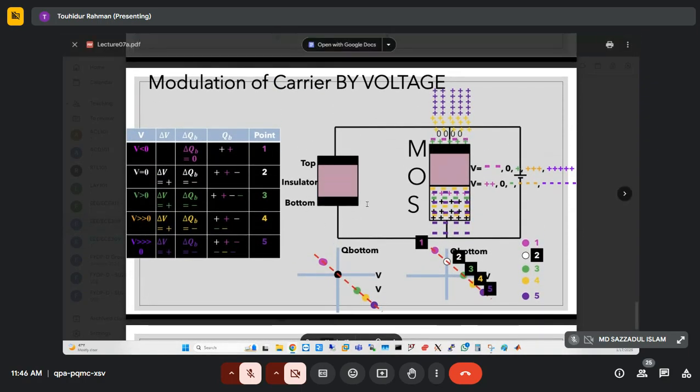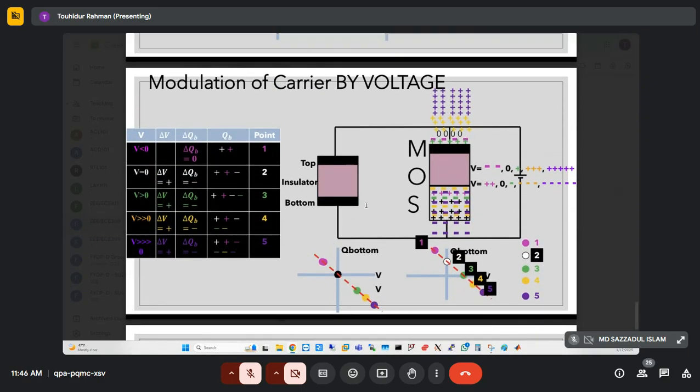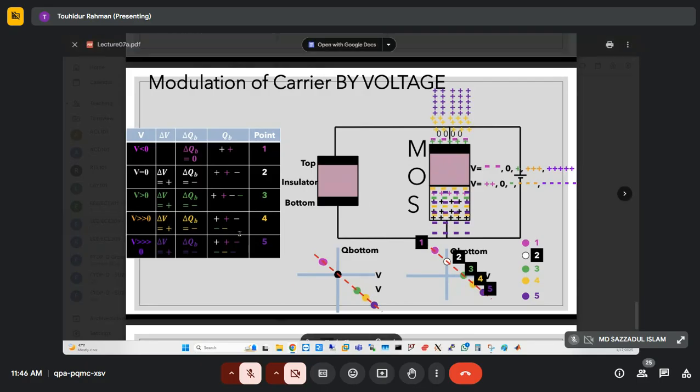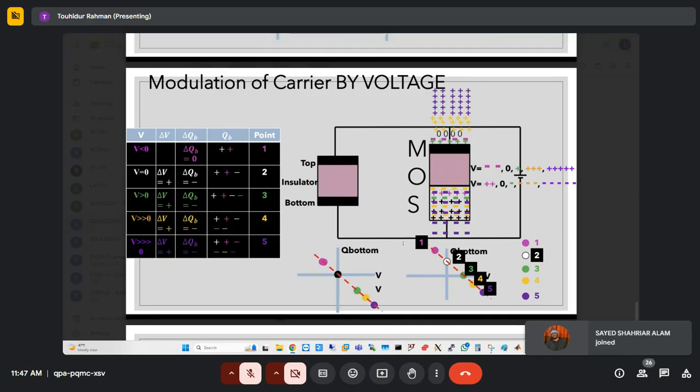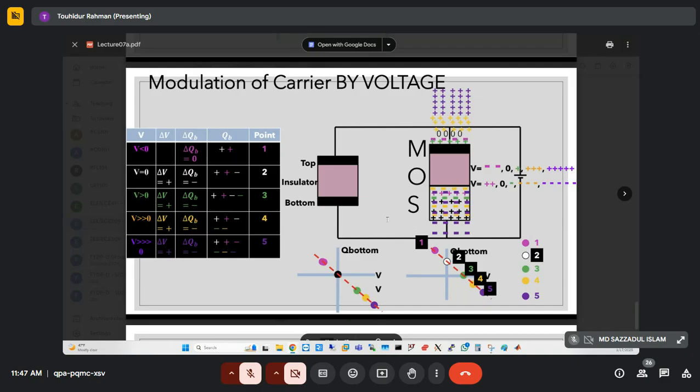This slide is very important. So there will be a question: if we change the voltage for a MOSFET, what kind of change will we observe for the bottom plate?